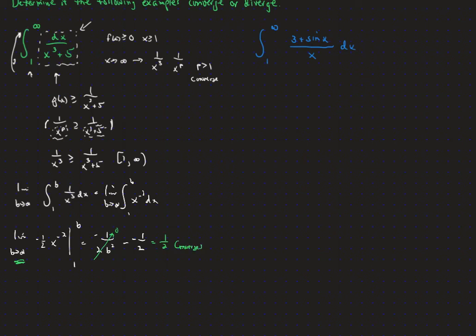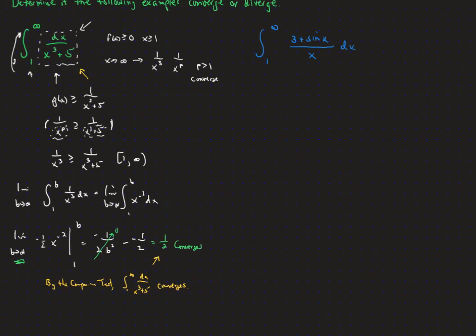So what we have shown is that our original integral is less than or equal to an integral that we know converges. Therefore, by the comparison test, our integral, that integral from 1 to infinity of dx over x to the third plus 5, converges as well.